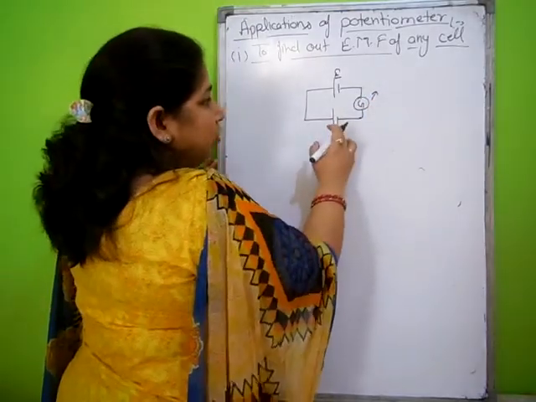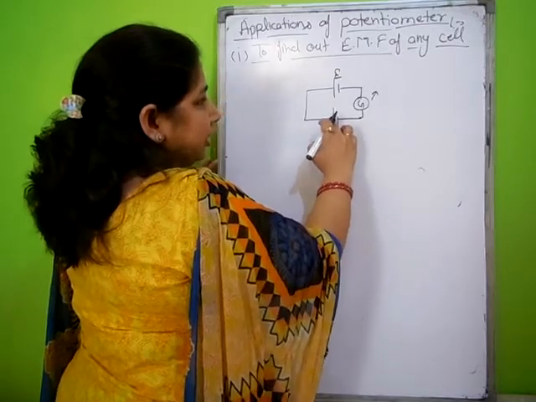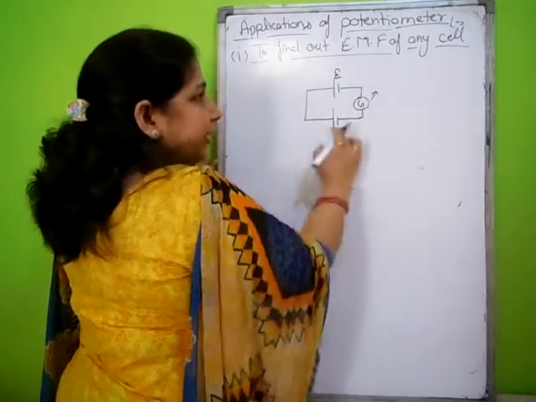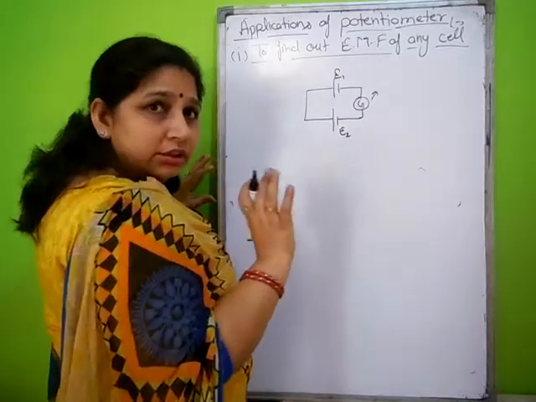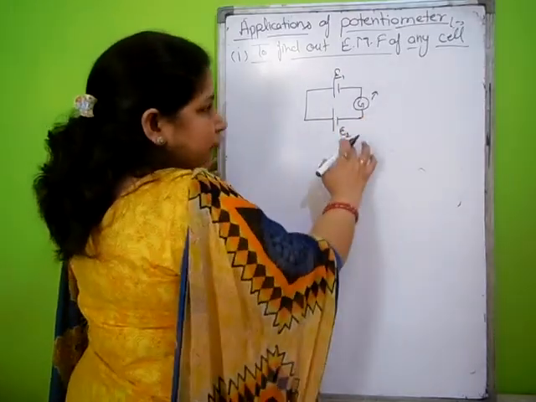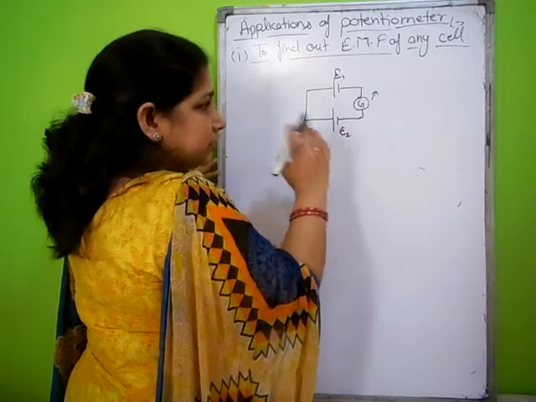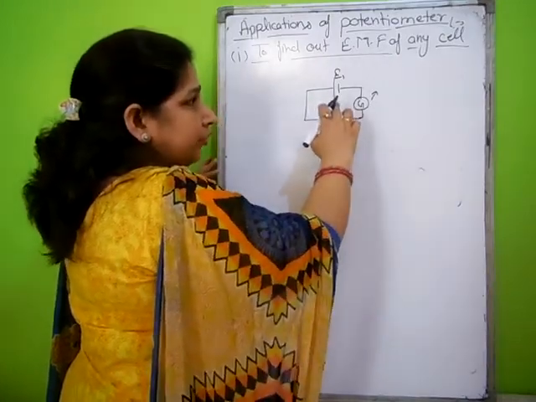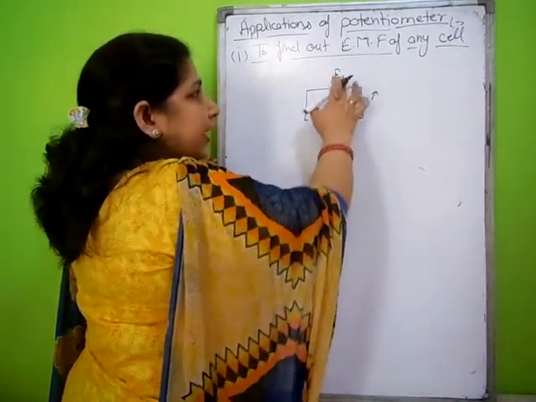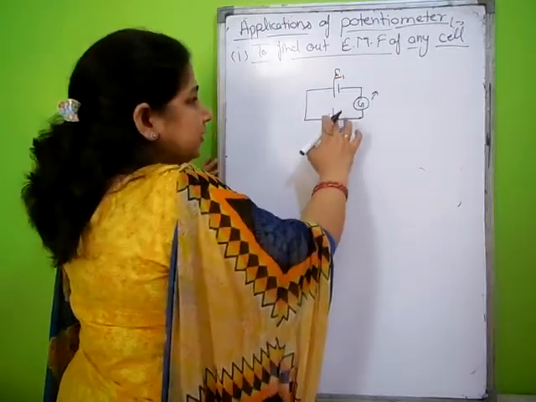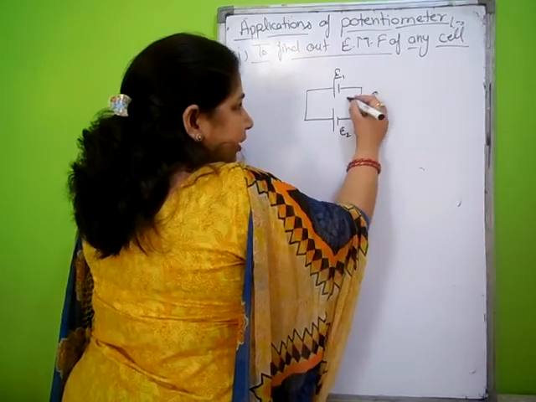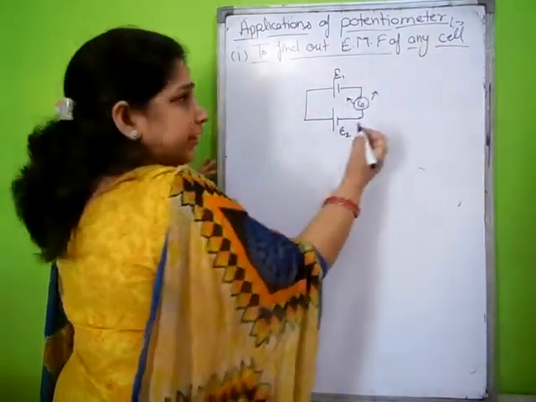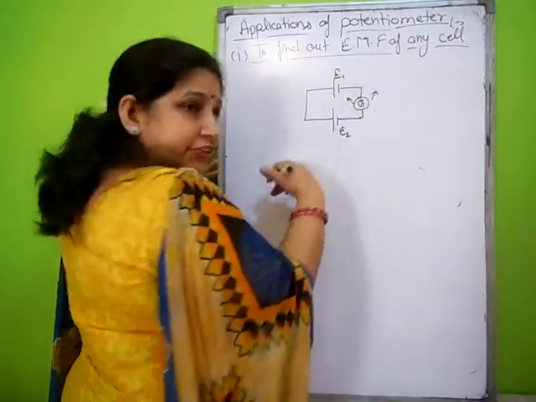Got it? Now E2 works as the current flowing in the opposite direction of the first. Clear? E2 wants to send current through the galvanometer in the opposite direction to E1, means in this direction. In this case the needle deflection will be on the left hand side.